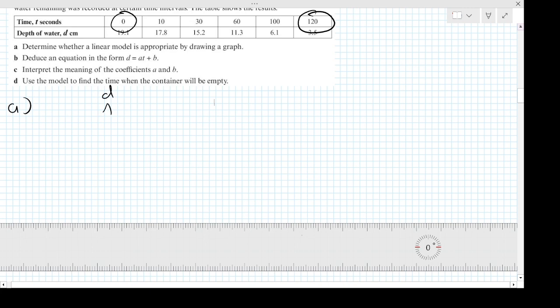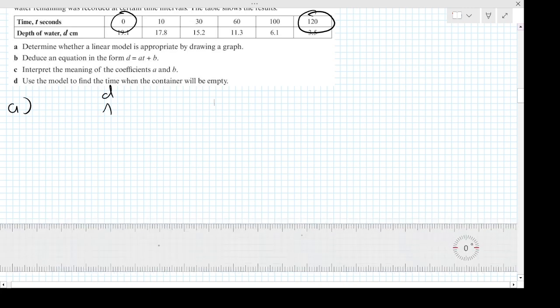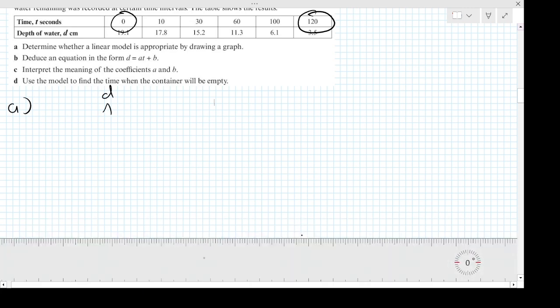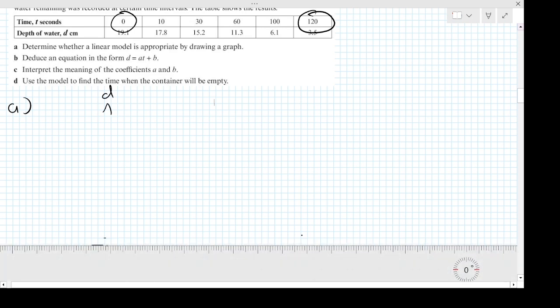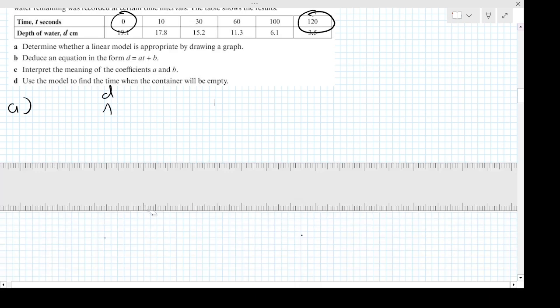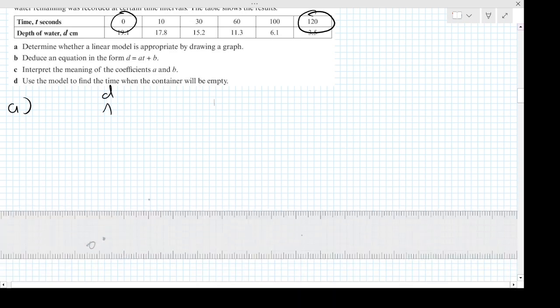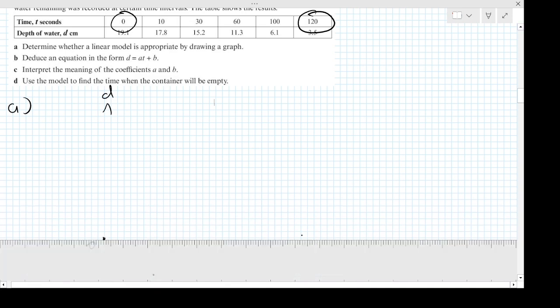I'll take 5 instead. So along the t-axis, I want to start at 0. Let's say that this point here is at the origin, 0. Each box is 5.